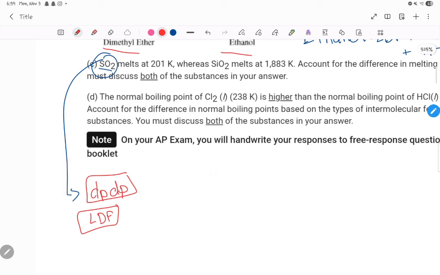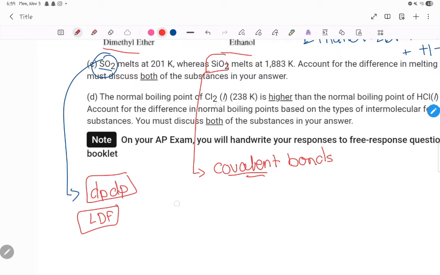Now, next thing, SiO2. SiO2 is a covalent network solid, so what forces does it have in between? It has covalent forces in between. So these covalent bonds must be broken for SiO2 to melt.